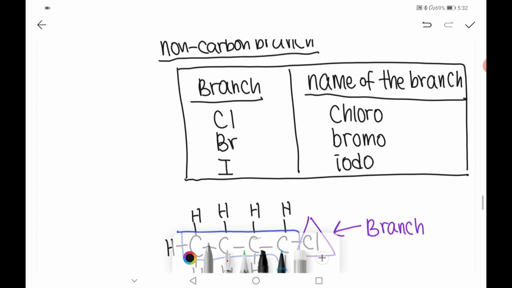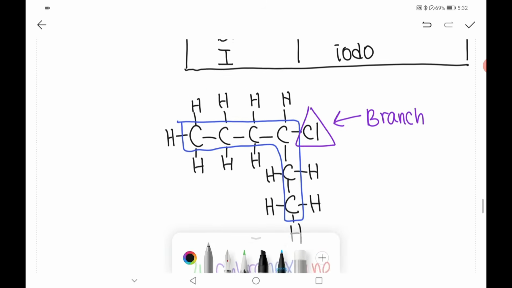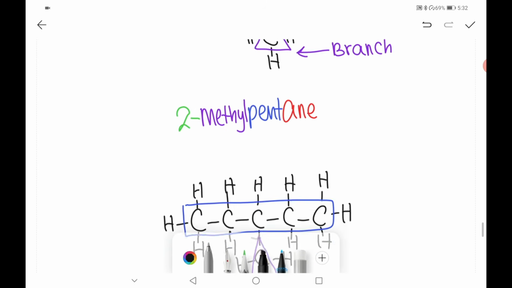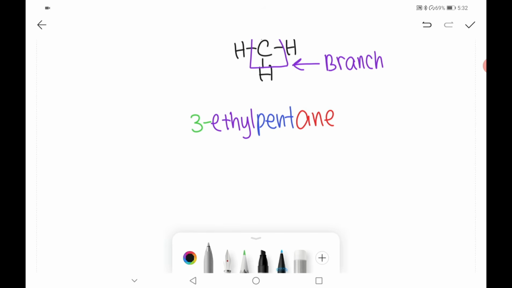Okay, so now we will learn the last thing for today's lesson, which is level 3. For level 3, this is the case when you have two branches. In SPM, most of the time, the maximum branches they will ask you is two only.